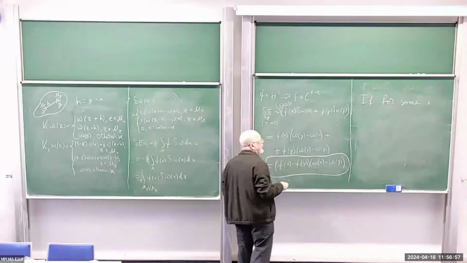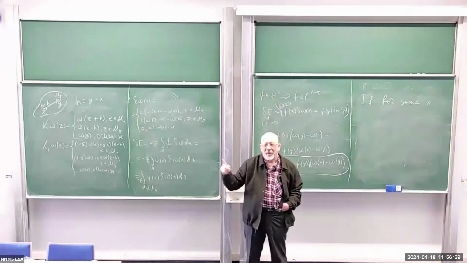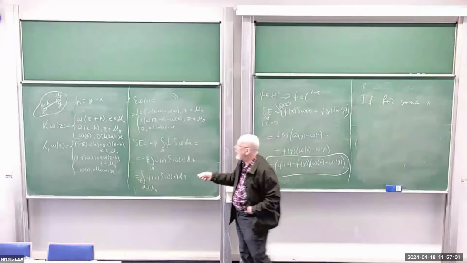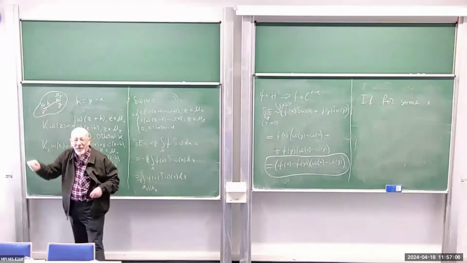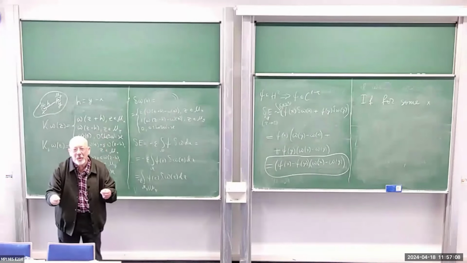So this is the variation of energy related to these 2 points, x and y, where we do this small variation.